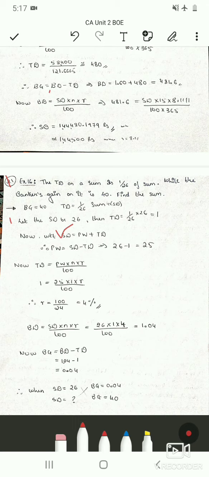So with these, we know the sum due now, we know the true discount. Therefore the present worth will be sum due minus true discount. So it is 26 minus 1. So the present worth is 25. So now we can calculate the rate when the present worth is 25.